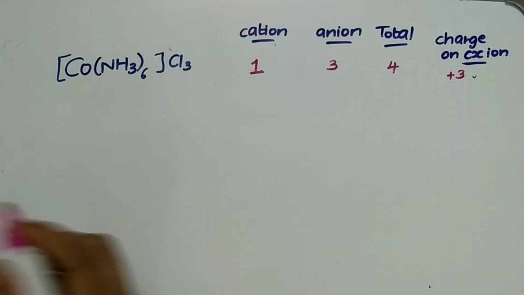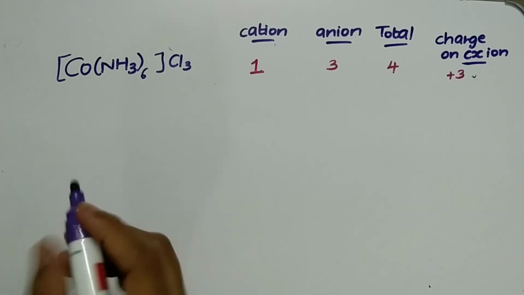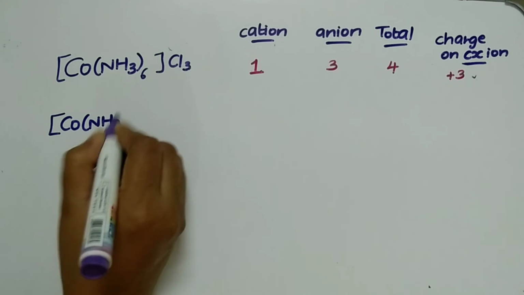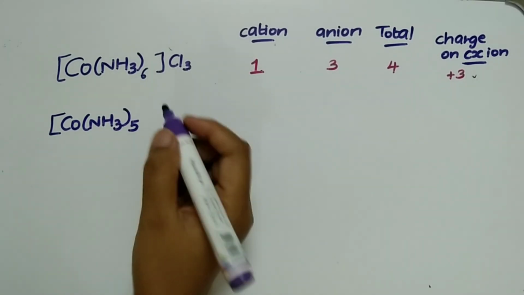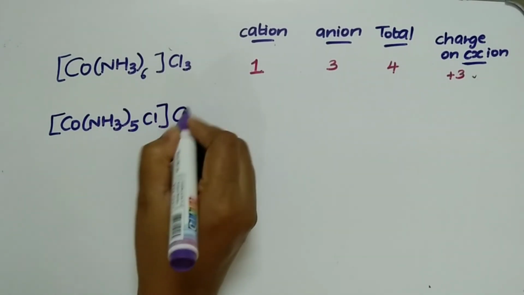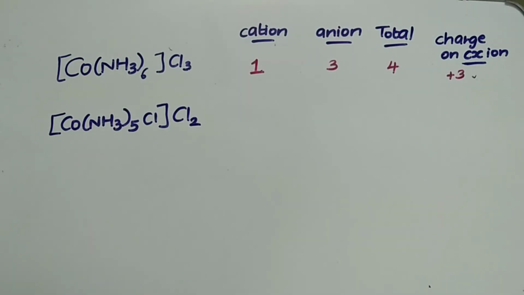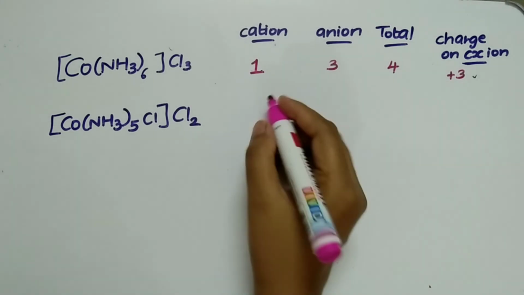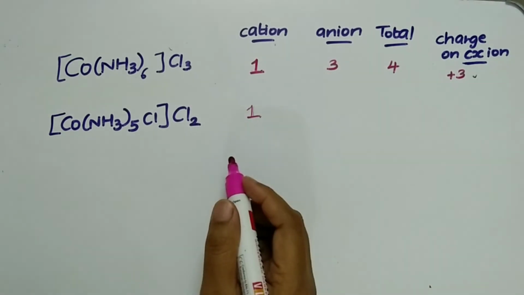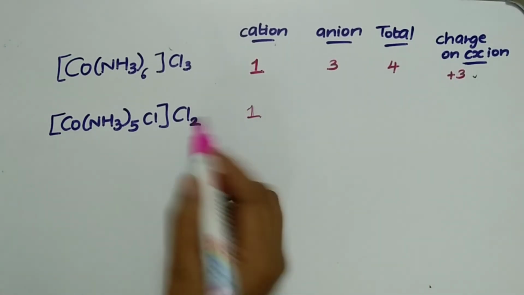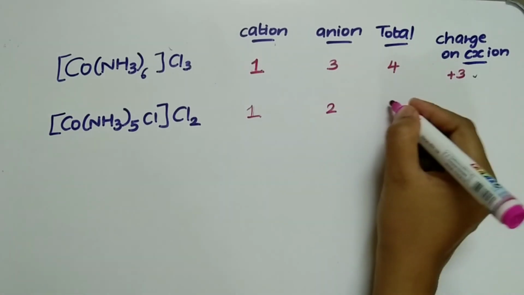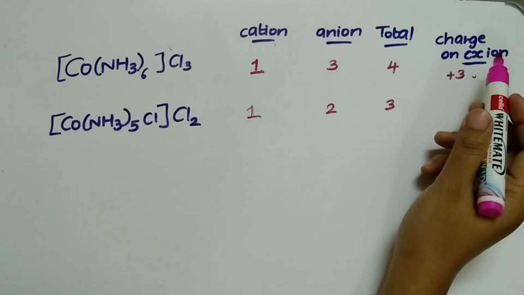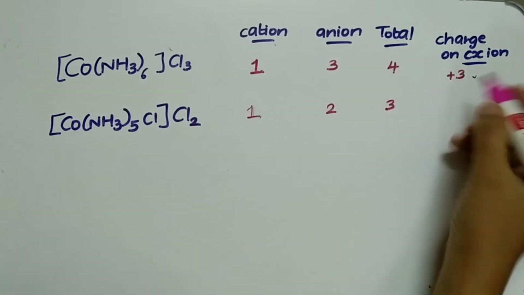Correct? The second complex is Co(NH3)5Cl and Cl2. So, how many cations are there here? 1 cation. The entire entity you consider as cation 1. How many anions are there? Negative ions 2. So, total 3. Correct. Charge on the complex ion will be how many? 2. So, plus 2.